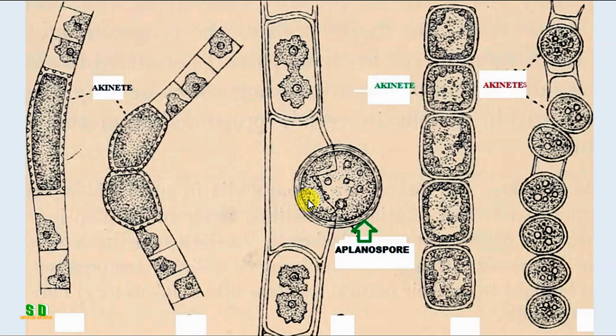Both of them are produced within a cell, whereas the akinetes are also non-motile, but here the whole cell is changed into a thick-walled structure, and that is called the resting spore or akinete. In these three ways, mainly, the members of Chlorophyta reproduce asexually.